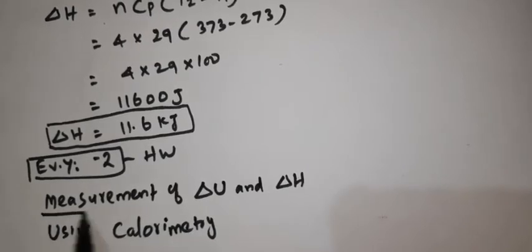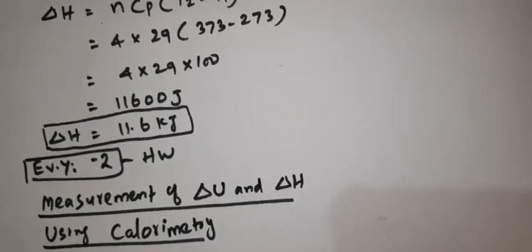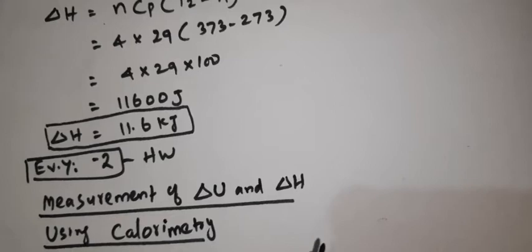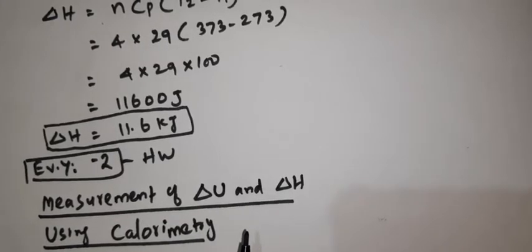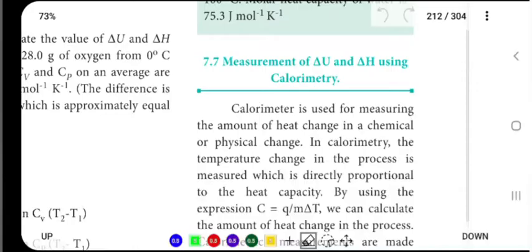Now we studied the calculations of delta U and delta H. Now we are going to measure this delta U and delta H using calorimetry. There are two types of calorimeters. One is the bomb calorimeter, another one is the coffee cup calorimeter. So now we are going to learn about the measurement of delta U and delta H using calorimetry.